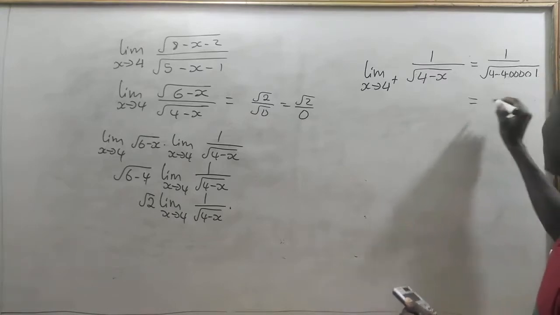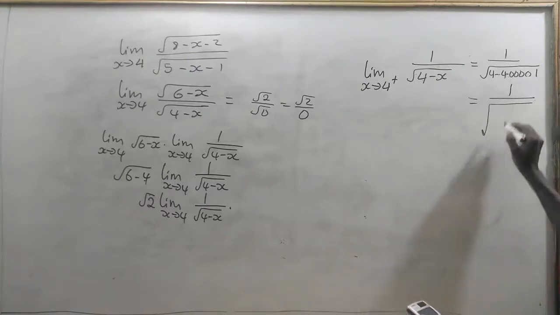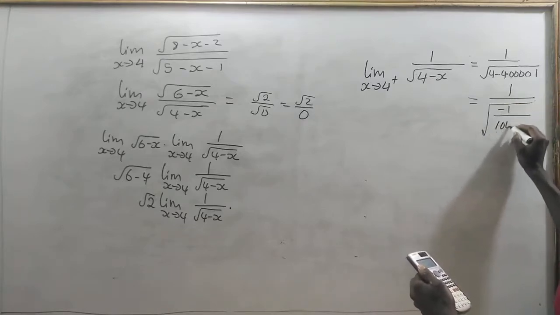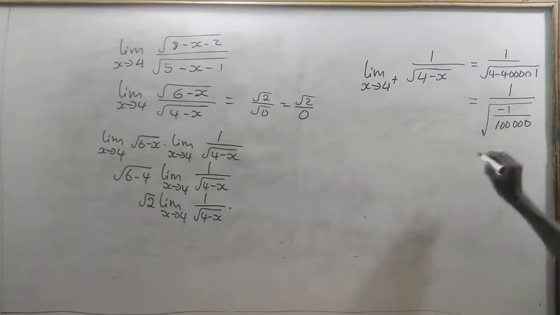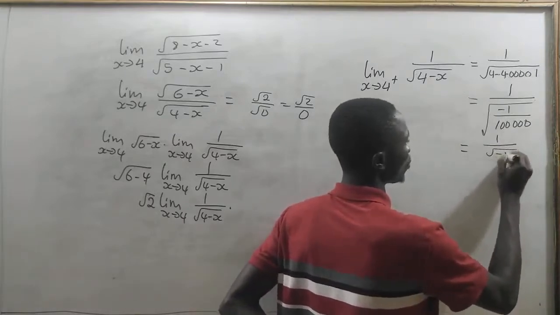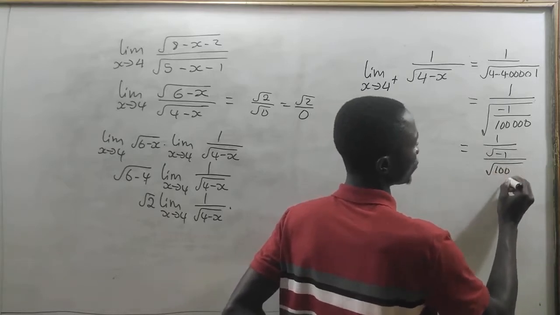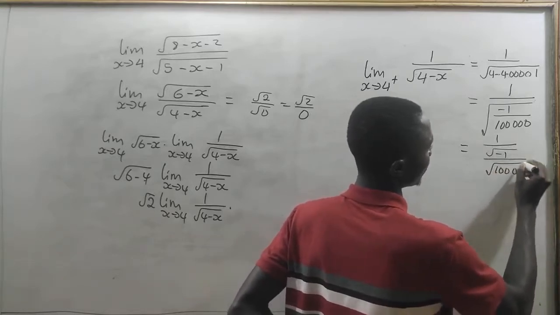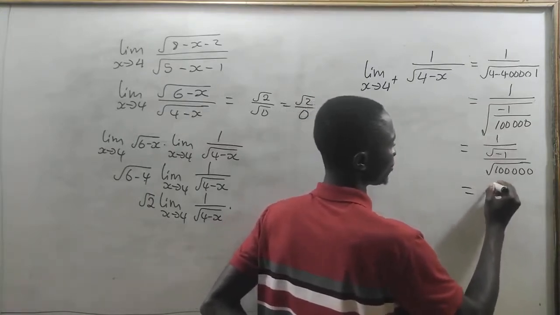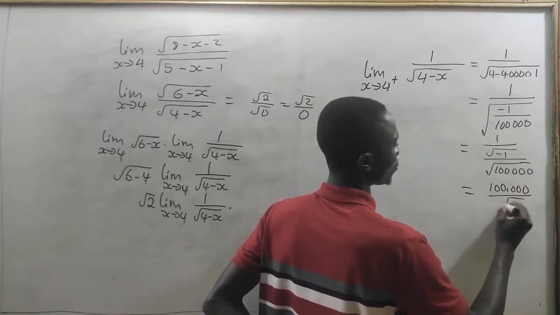So that will give us 1 divided by the square root of negative 1 over 100,000. So this one can be simplified as 1 divided by the square root of negative 1 divided by the square root of 100,000. Because we have 1 here, this one will turn upside down.